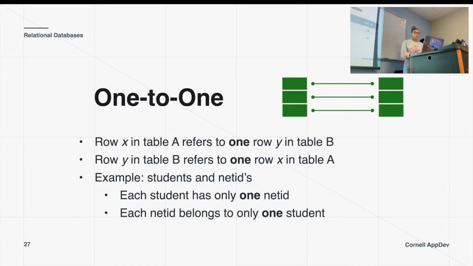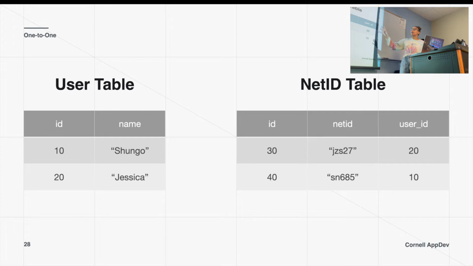So it's a one-to-one relationship, no sharing, essentially. Using this example, we have our users table and our net ID table. We have the user table with the ID of 10 belonging to Shungo, the ID of 20 belonging to Jessica. Then looking at our net ID table, the ID of 30 belongs to the net ID JZS27. And looking at our user ID column, aka our foreign key, this net ID belongs to the user of 20.